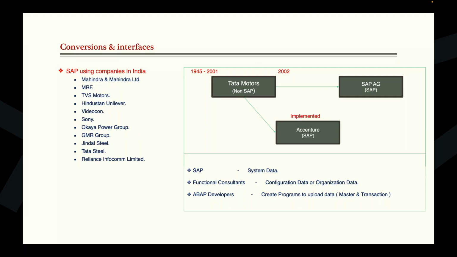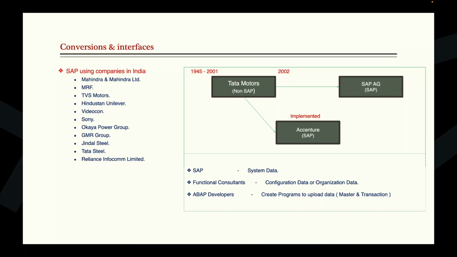Then this is where conversion and interfaces come into the picture. Conversion is a one-time activity in a project, and interface is a repeated activity based on requirements. Conversion is done by the middleware team, who learn middleware languages. There are some tools available, TIBCO, Solaris.